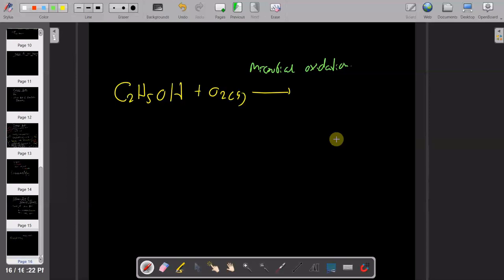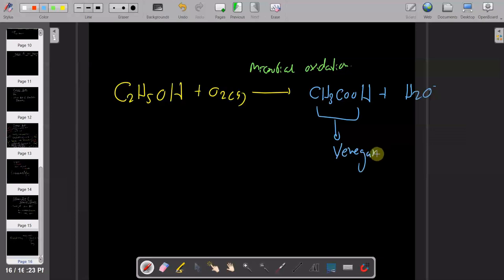What are the products? You are producing ethanoic acid, CH3COOH plus water. Now this is usually vinegar is what? Ethanoic acid. Vinegar.